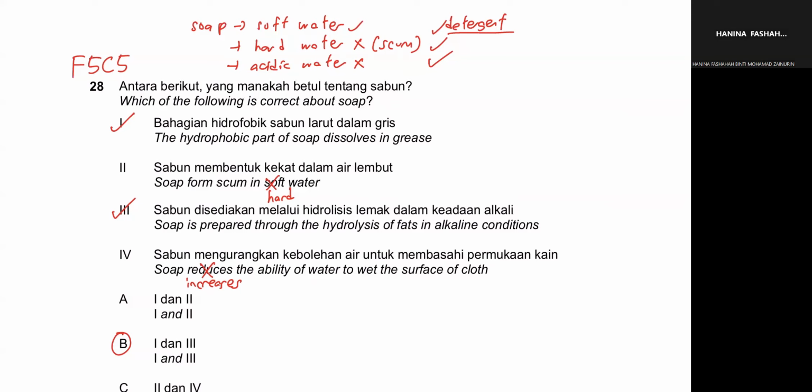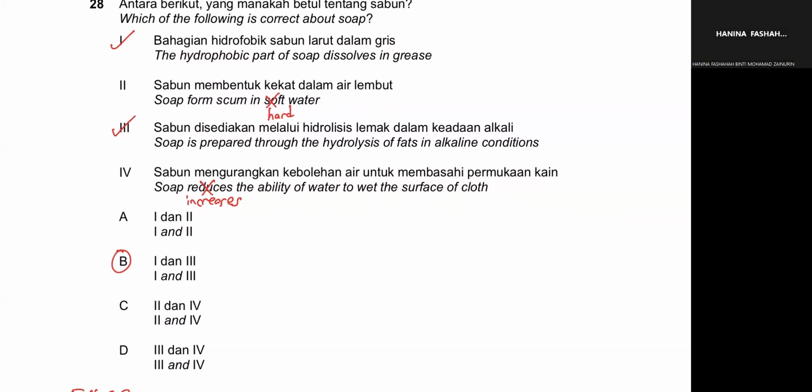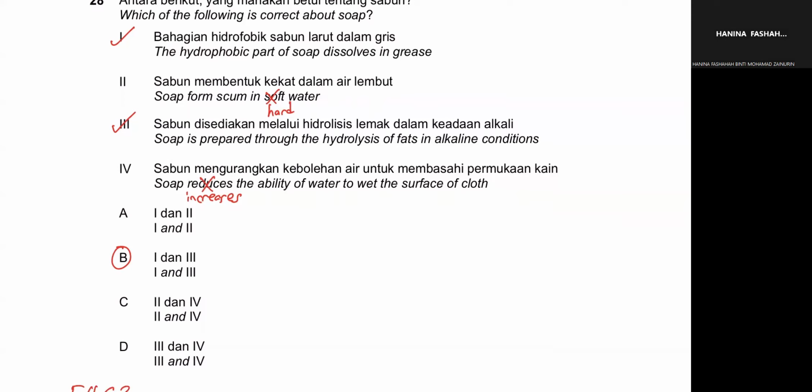The soap will react with Mg2+ and Ca2+ to form scum, unfortunately. Then number 4 is increases the ability of water to wet the clothes. It means when you put your clothes inside the soap water, they get wet faster.